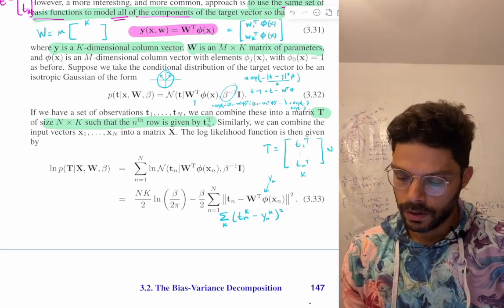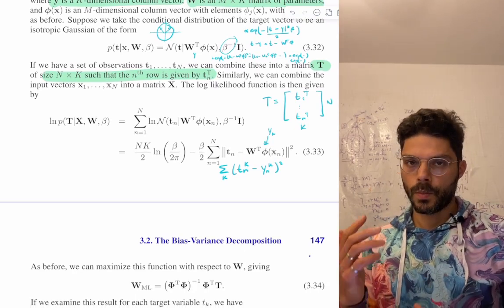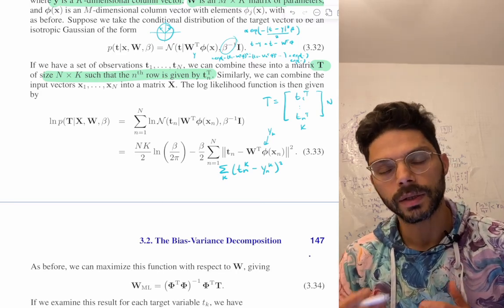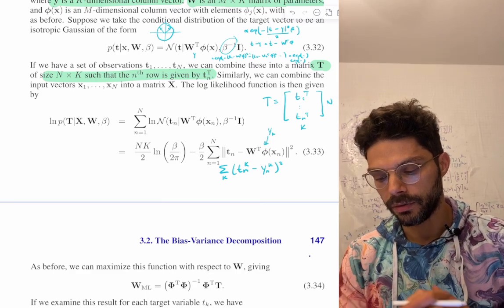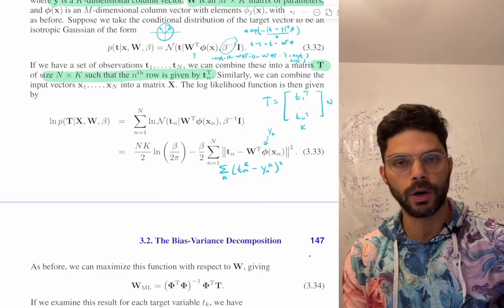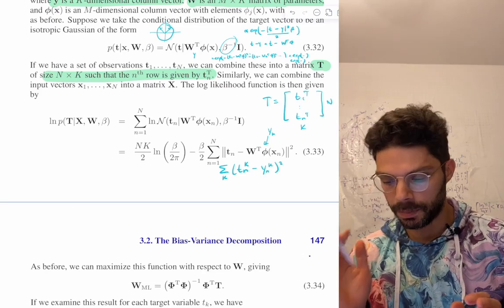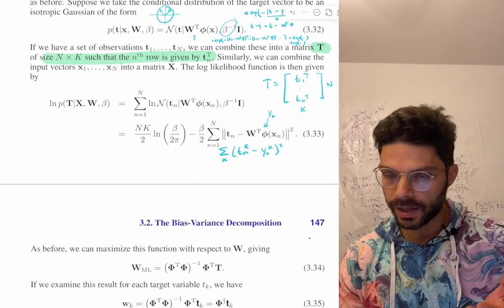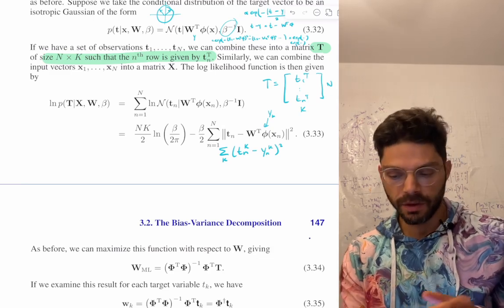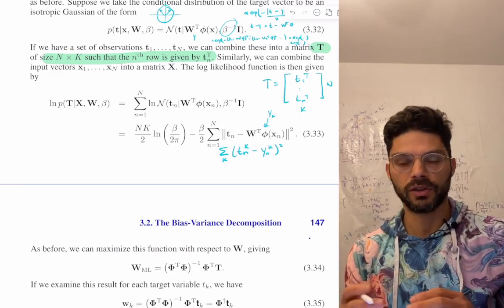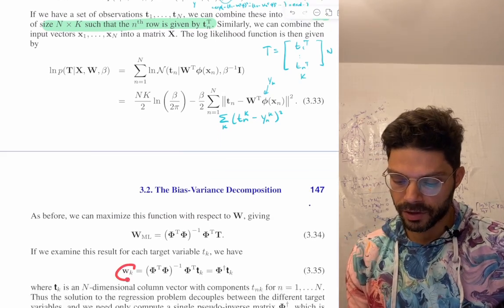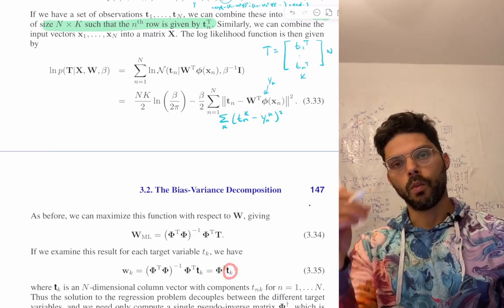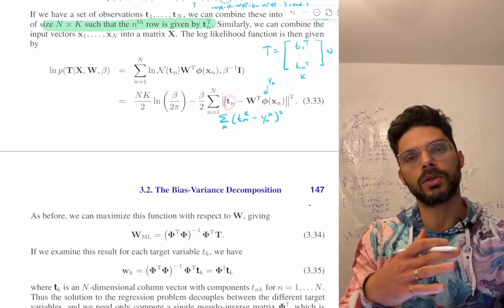Okay, so what we're going to do next is use our skills of differentiating with respect to matrices to just solve this equation for W directly. But before we do that, I again just want to emphasize that, given the form that it has, we should expect the answer to look exactly like what we had before, but with the rows or columns, whatever it is, of W corresponding to one of the target variables.